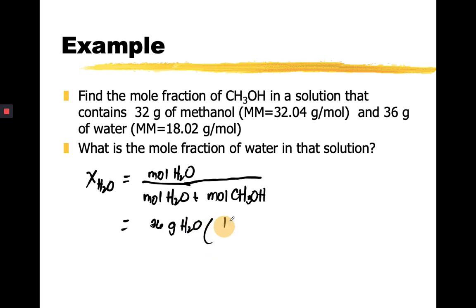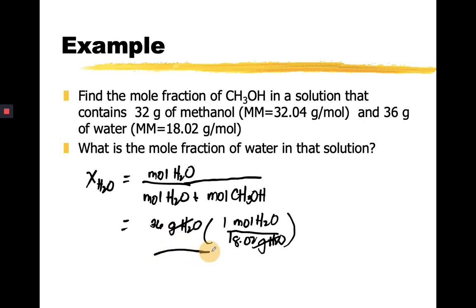So this is 1 mole H2O over 18.02 grams of water. And then we can cancel grams of water, cancel it here. Okay, that's 36 divided by 18.02. So we are left with the moles of H2O.